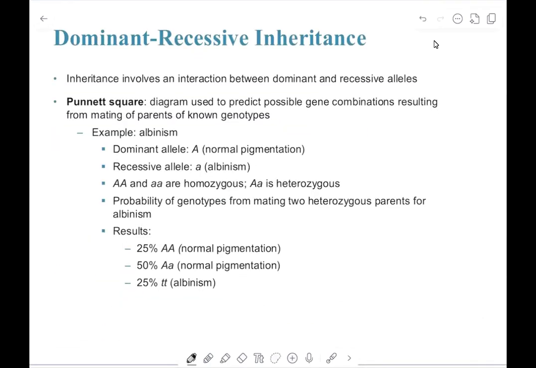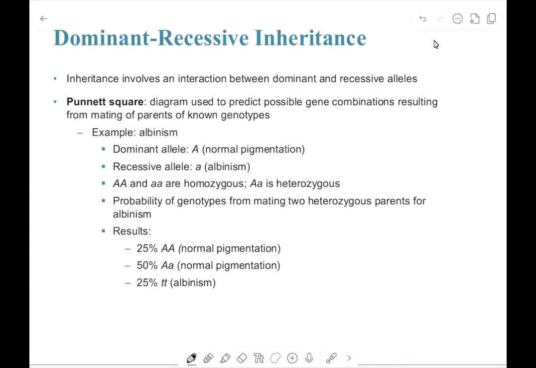This slide is on dominant recessive inheritance. You were introduced briefly to the Punnett square. You're not going to have to do Punnett squares, but you will need to know the general percentages based on the genotypes of the parents.